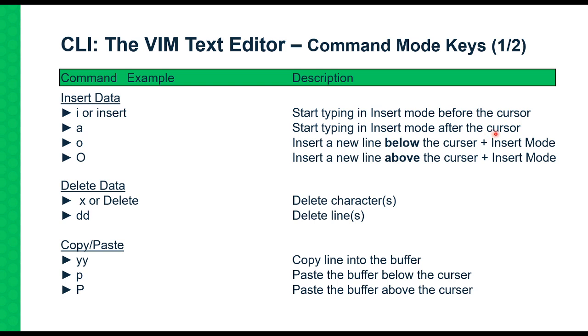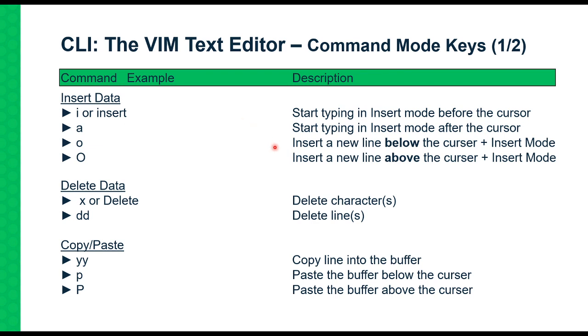So if you were at the U, it will start typing after the U when hitting the A key. The moment you use the I or A keys, it automatically goes into the insert mode and we exit the command mode.